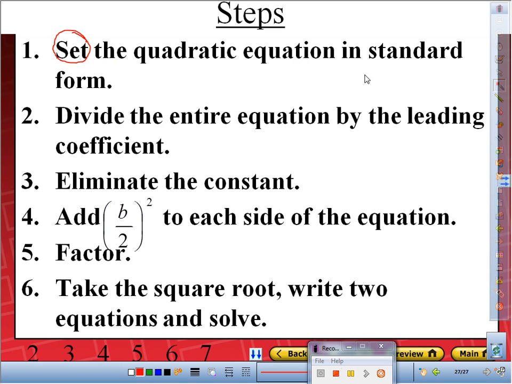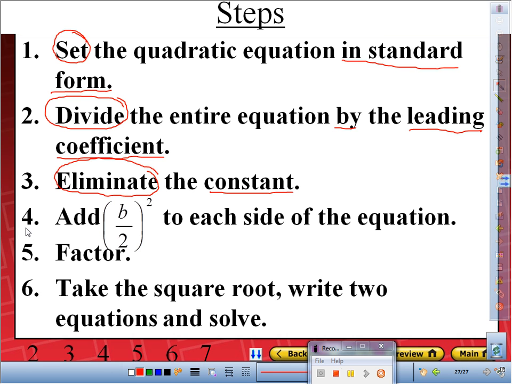Step 1, set in standard form. Step 2, divide by leading coefficient. Step 3, eliminate constant.